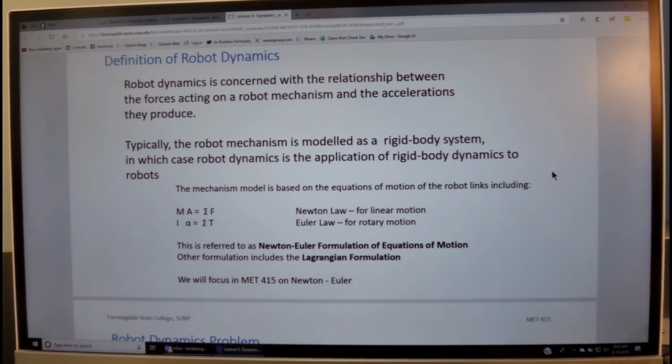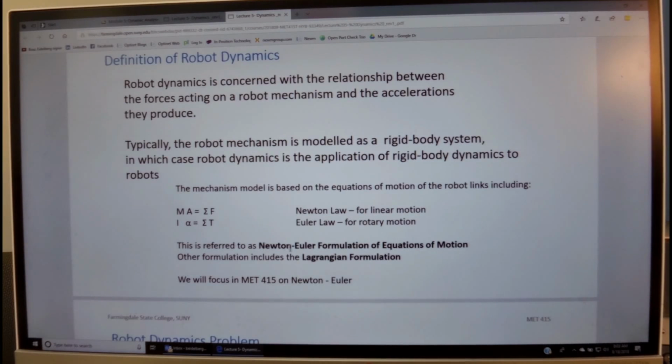interest is located. The basic equations which will be used are Newton's law, which says that the summation of all forces acting on a rigid body equals mass times acceleration, and this is represented in an inertial frame, and also Euler's law for rotational motion, which says that the moment of inertia of the rigid body times its absolute angular acceleration equals the summation of all the torques acting on the rigid body.